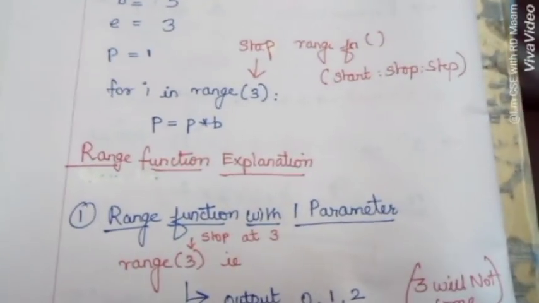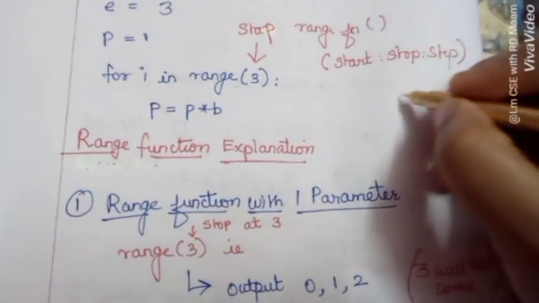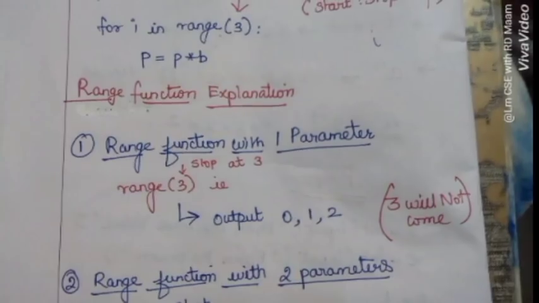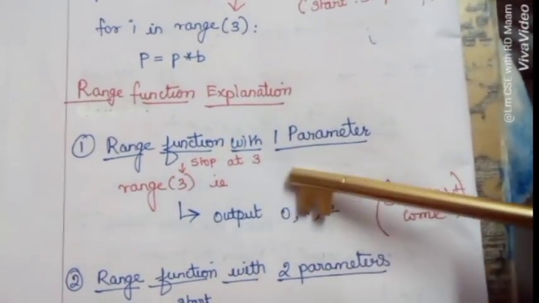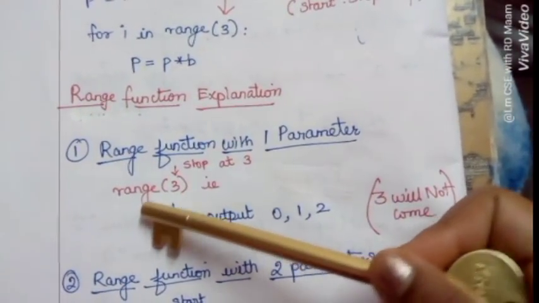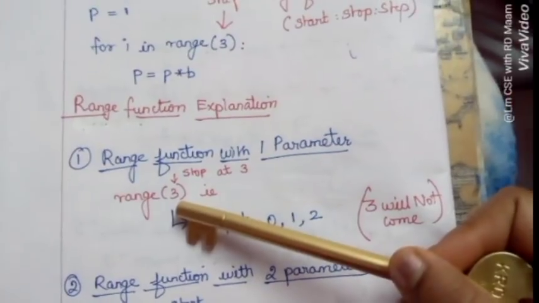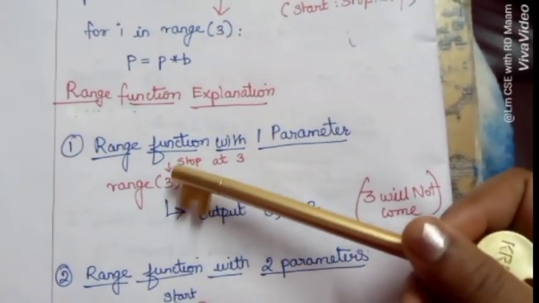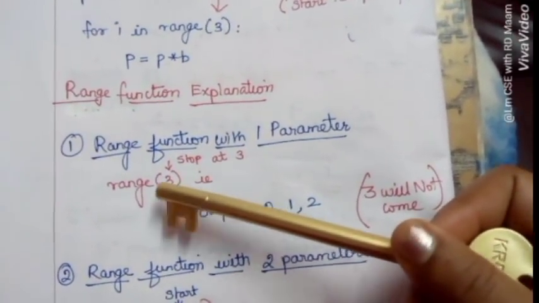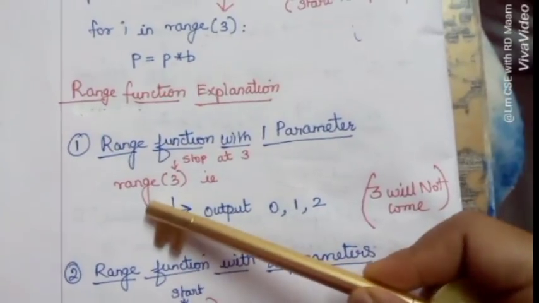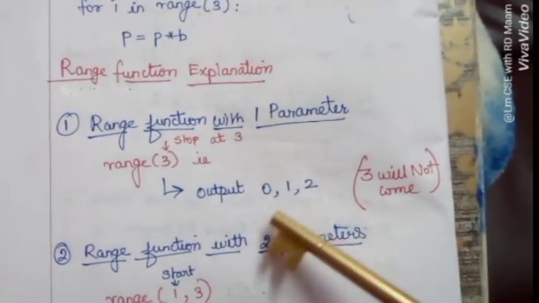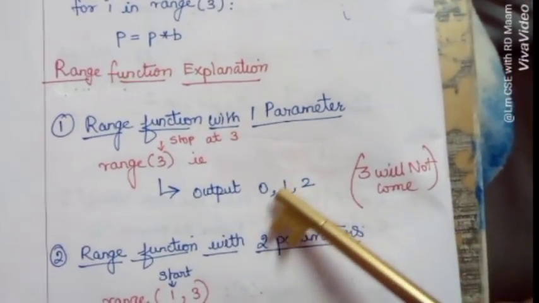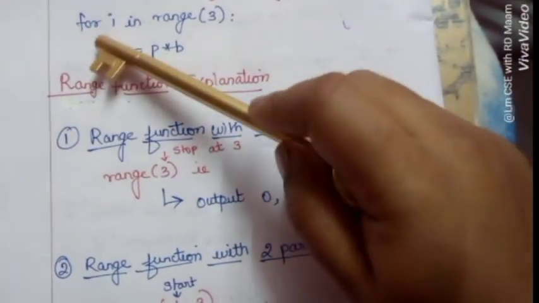The range will have the values 0, 1, 2. For these three values, the for loop will run.